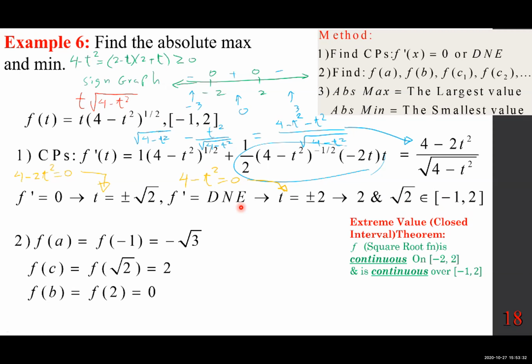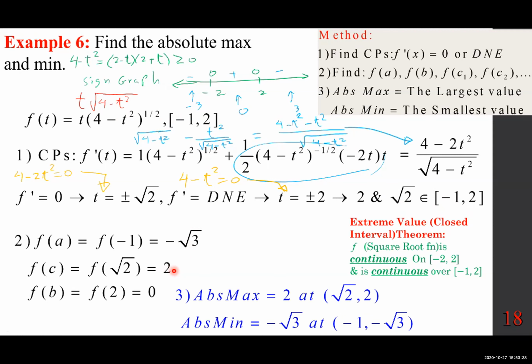And the writing is, this is the smallest value, this is absolute min, and this is absolute max. So absolute max is 2 at (square root of 2, 2), and absolute min is negative square root of 3 at (-1, negative square root of 3). So let's see how we do the evaluation.